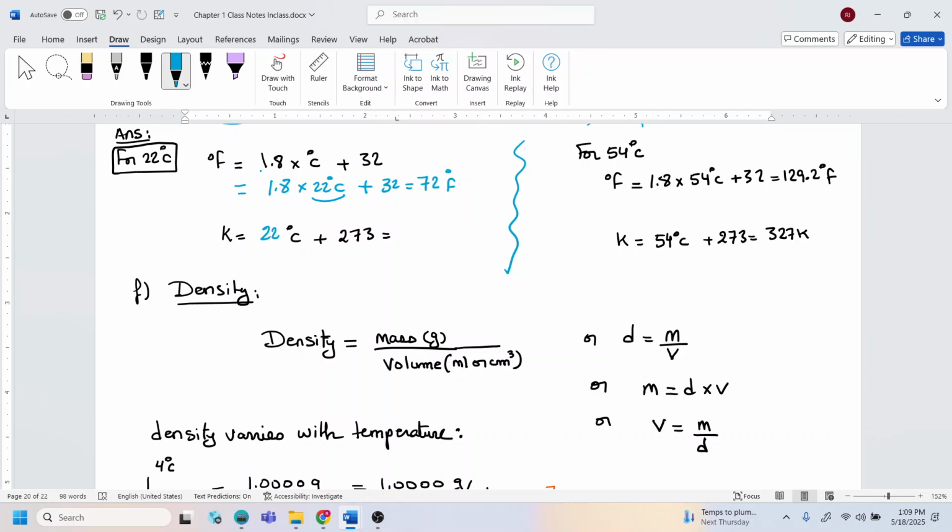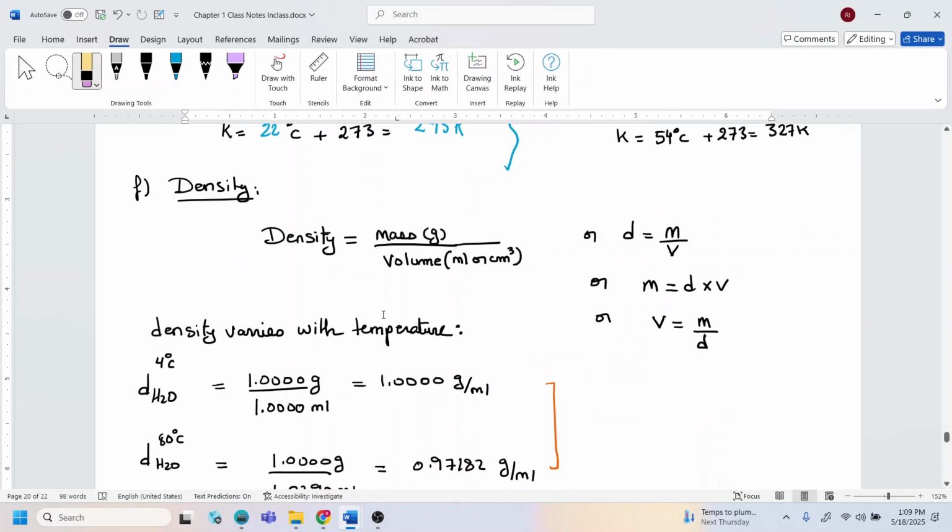Just add 273, and it's going to be 295 Kelvin. It's 273 actually 0.15, but you don't have to be that precise. So we normally drop the 0.15 and we just use the 273, and the answer is just fine.